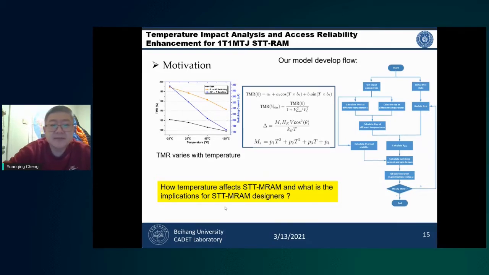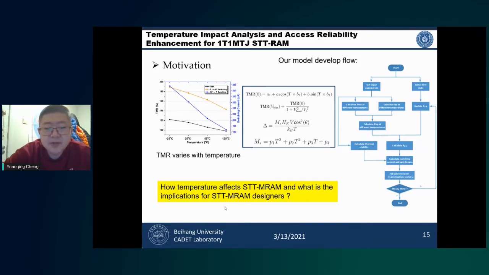We used a model development flow to develop a Verilog-A model for our circuit simulation. In fact, before our research, there were some other models developed by several institutions or universities, but usually they do not consider the thermal effect in their device model.